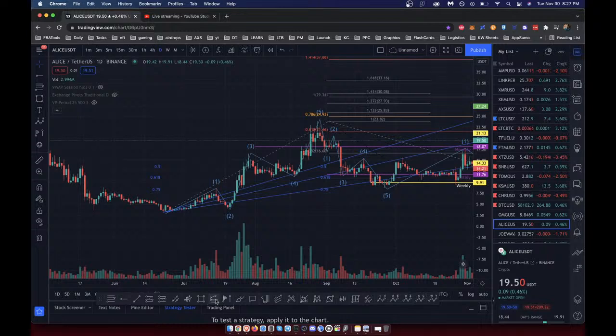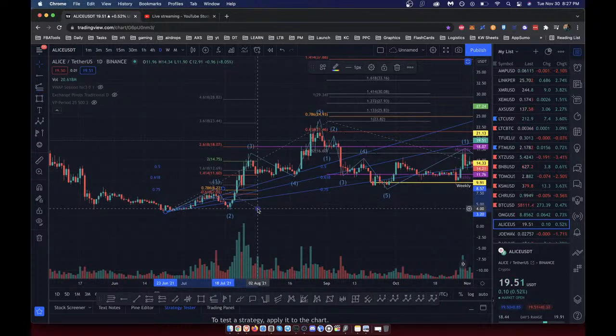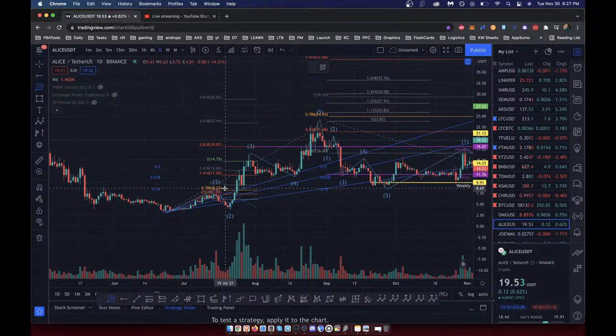So if we do the same thing, but we do it from this, this hit the 2, and then this is going to get messy. This hit the 2.618.